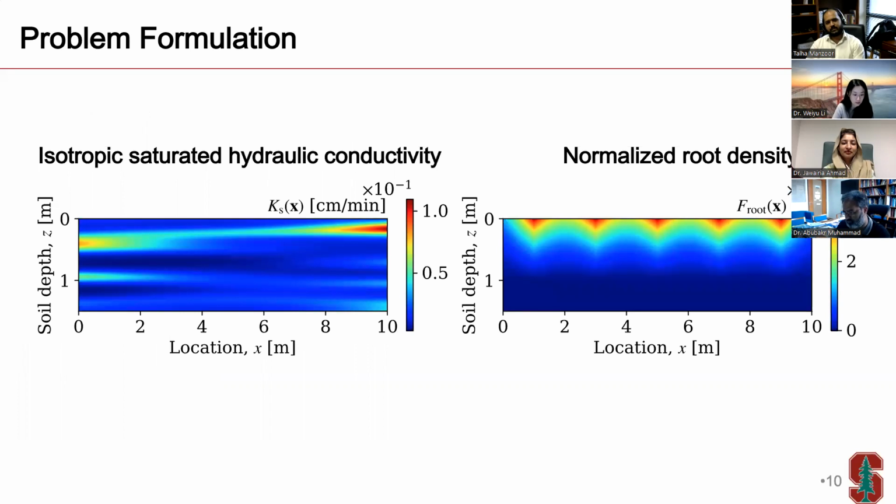Yeah, I think the only thing I need is the saturated hydraulic conductivity of the soil. All right, so if you have the texture, then this could be derived from that. Yeah, from the texture, we can estimate the hydraulic conductivity.